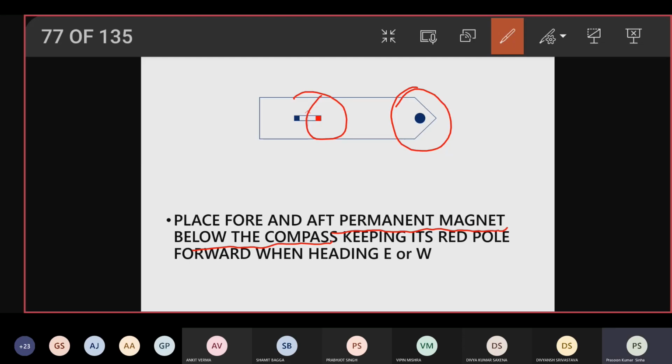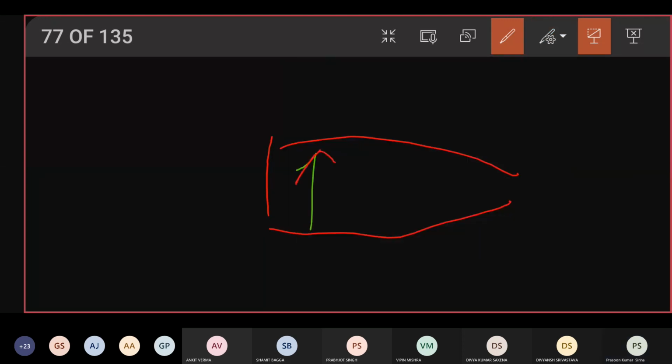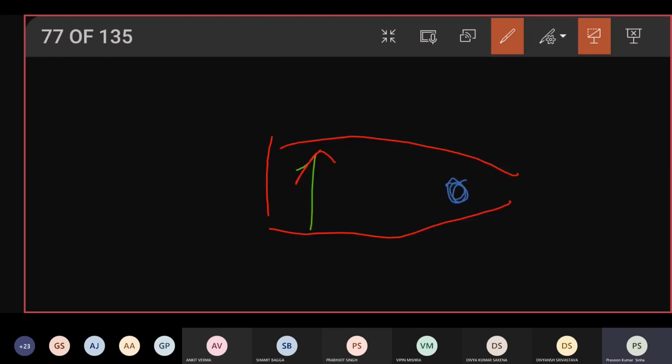Let us see how this is working out. When the ship is heading east or west, the compass will be like this. The blue pole of the ship's magnetism is going to pull it towards this side.